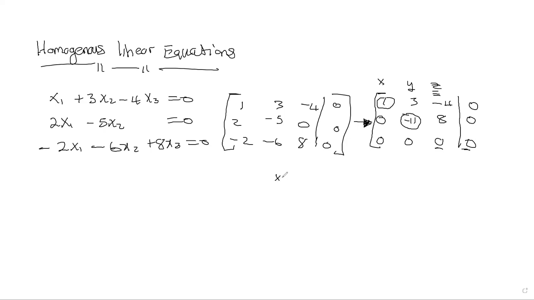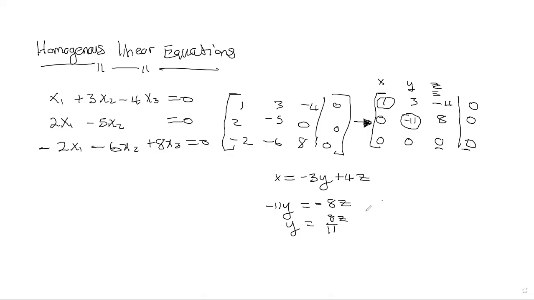If you solve for it using the leading ones, in terms of the other, we get x plus 3y minus 4z equals 0, and then minus 11y is equal to minus 8z, then y is equal to 8z over 11. Then we can replace it here.